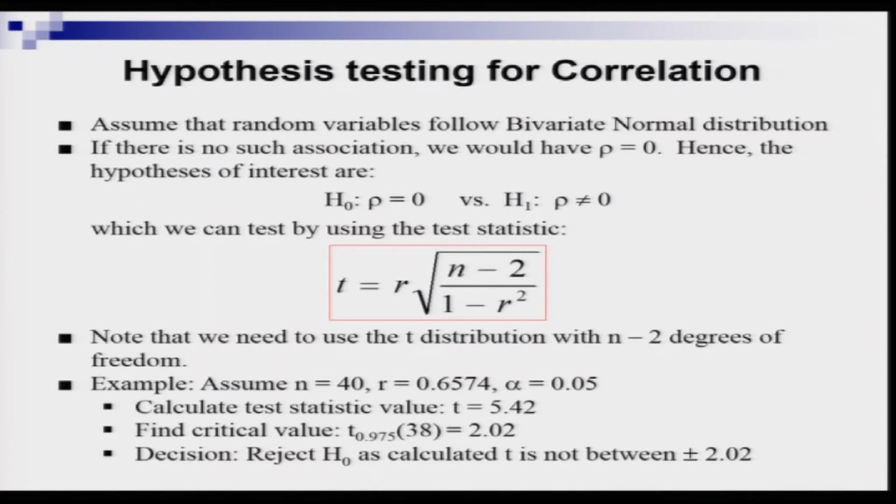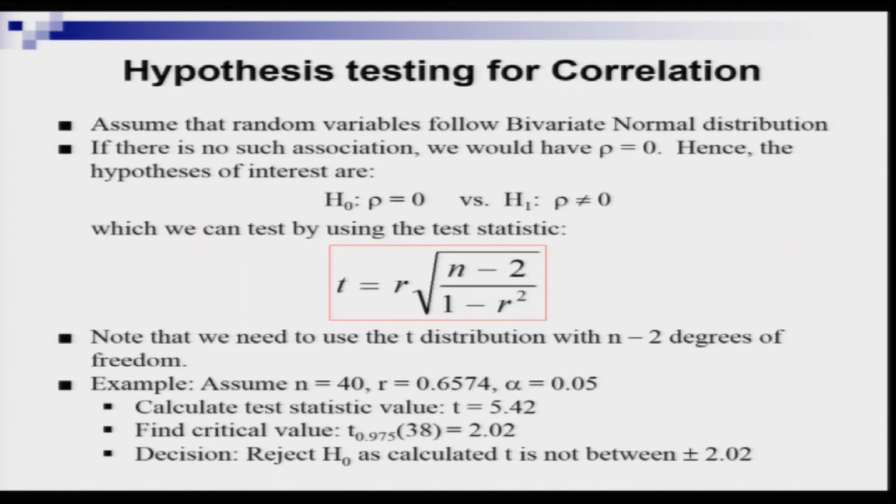Of course, then you write your null hypothesis as rho equal to 0, and suppose you are interested to check whether it is not equal to 0, because a priori you do not know whether rho is positive or negative. So to be on the safer side, you set your alternative hypothesis as rho not equal to 0. That will lead to a two-tailed test.